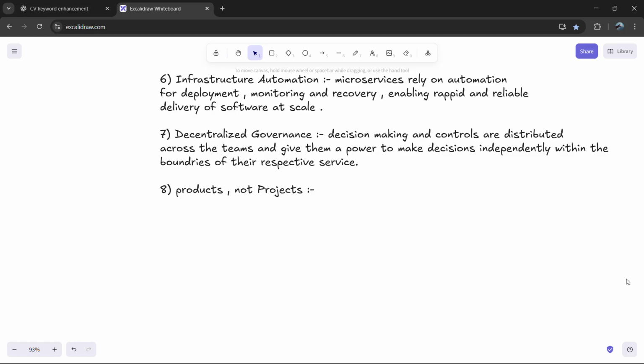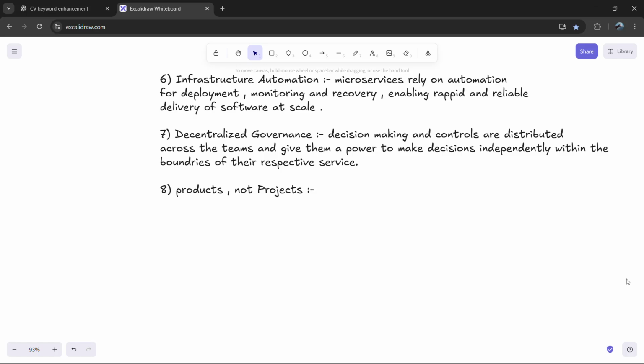This mindset shift improves quality because the same team that builds the service is also responsible for its maintenance. So products, not projects, means microservices are treated as a long-term product with ongoing ownership and responsibility. This approach encourages teams to prioritize quality, reliability, and maintainability, fostering a culture of continuous improvement and customer satisfaction.